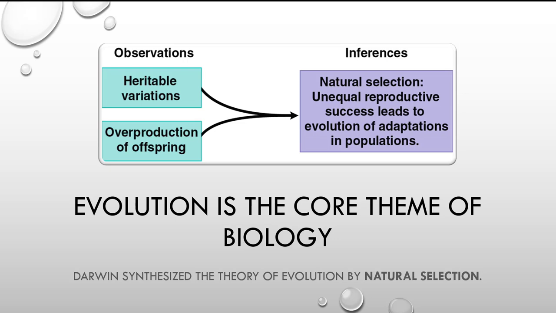So what does heritable mean? Think heredity, genetics. It's inherited. Think of traits that you have that you got from your parents. You inherited those traits from your parents, and they inherited those traits from their parents, and their parents, and their parents. So there is a genetic link.